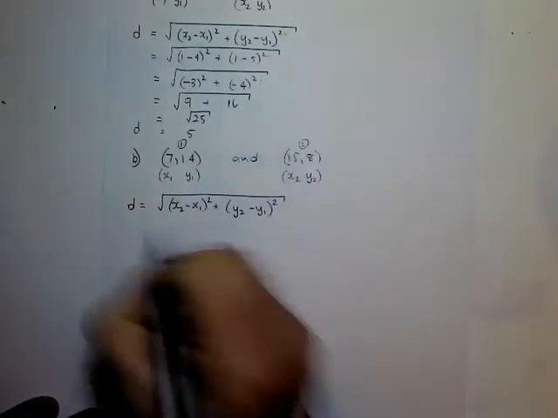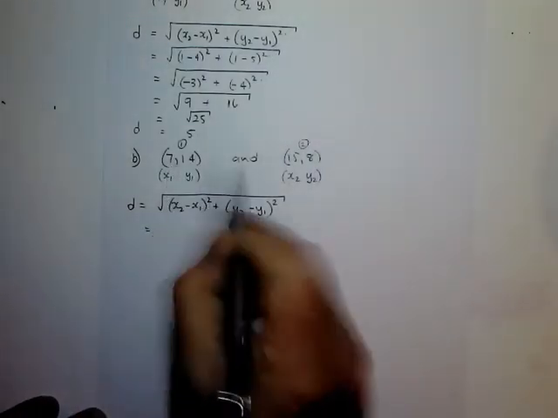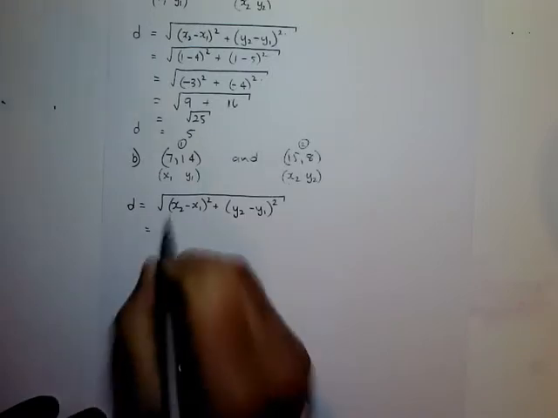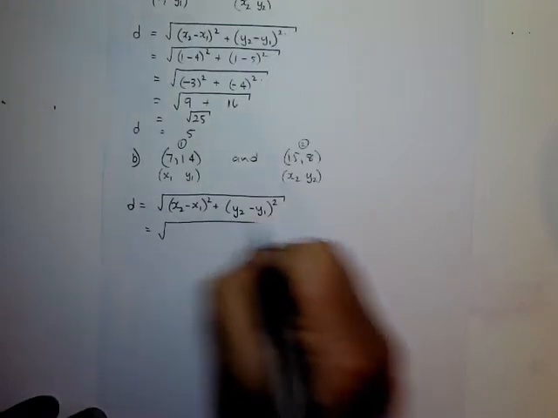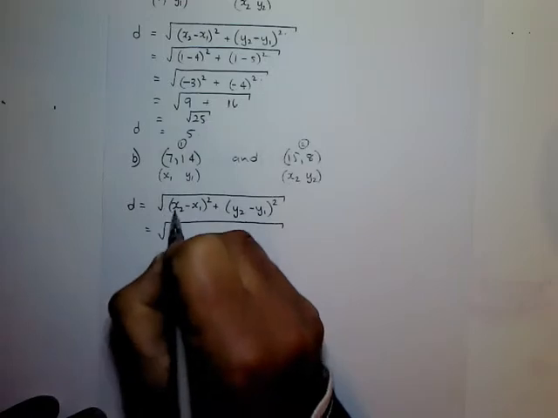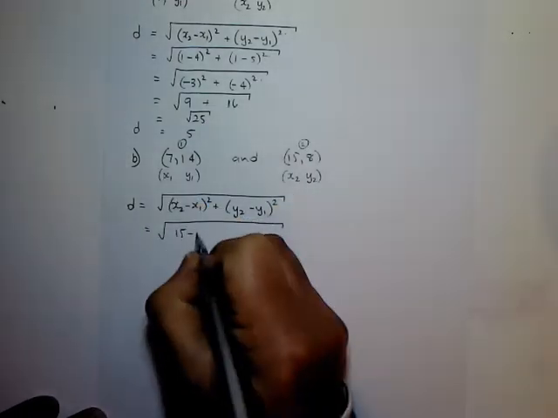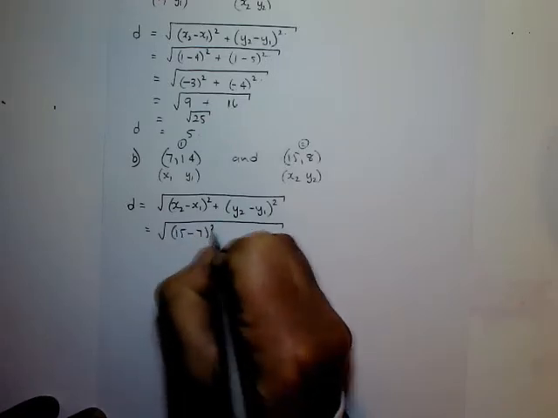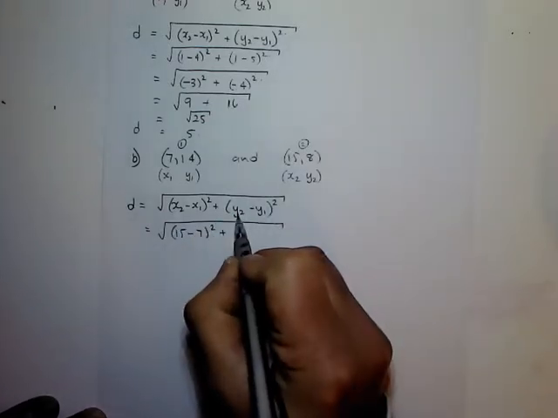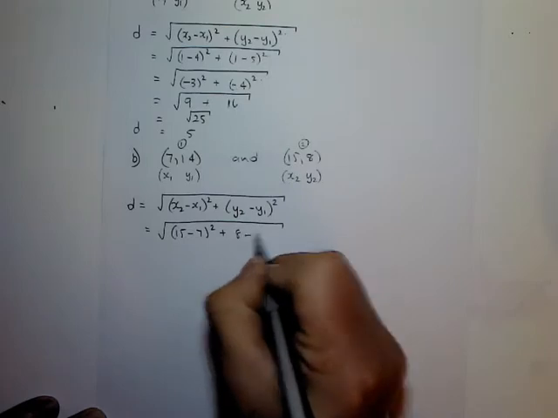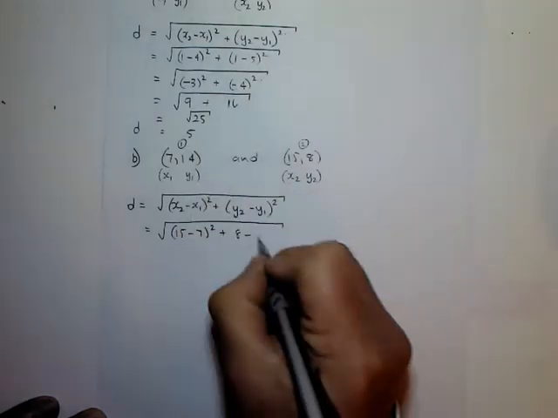Okay, let's substitute these figures into our formula. x2 is 15, x1 is 7, y2 is 8, minus y1, which is 14.